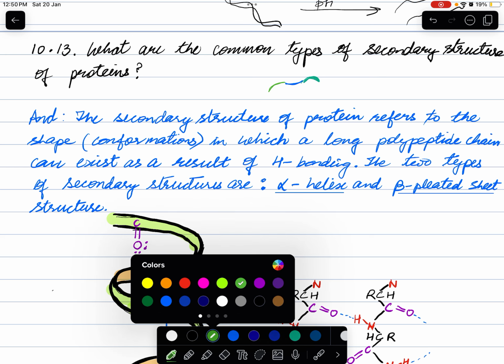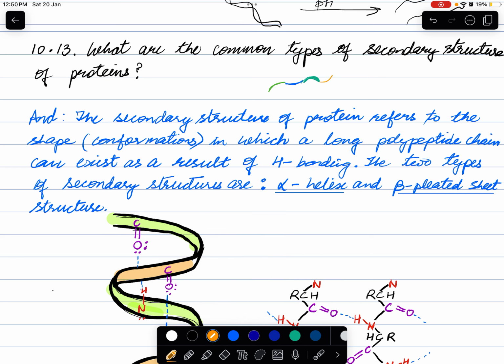So we are having different types of amino acids. This is a polypeptide chain. Okay, now this polypeptide chain which we showed here will undergo some changes, and these changes are because of the hydrogen bonding. And after hydrogen bonding, we are getting two types of structure. One is alpha helix, another one is beta pleated sheet structure.